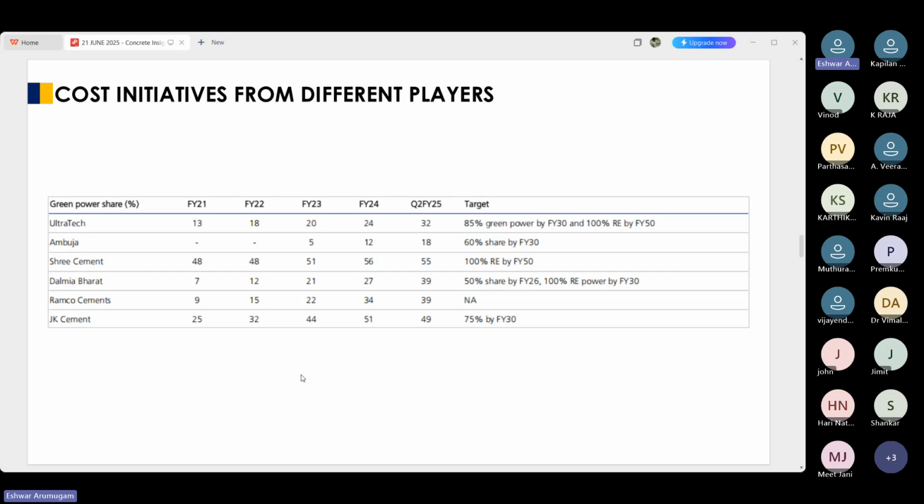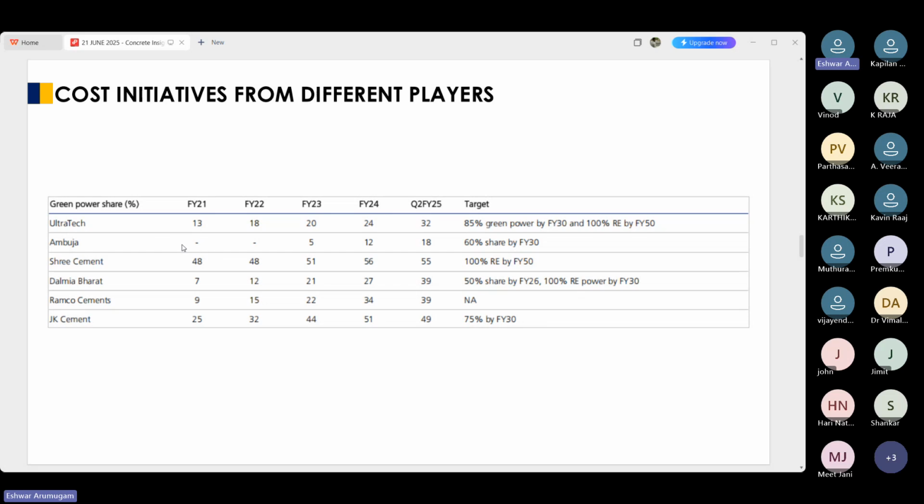Green power essentially costs 1/7 of the cost of power generation from thermal sources and 1/10 of grid purchase cost. If you see Ultratech, in FY21 just 13% of its power was from green energy, and in Q2 of FY25 it has gone up to 32%. They target 85% green power by FY30 and 100% renewable energy by FY50.